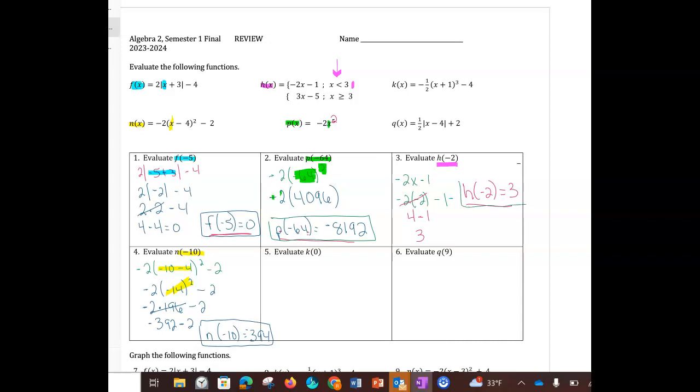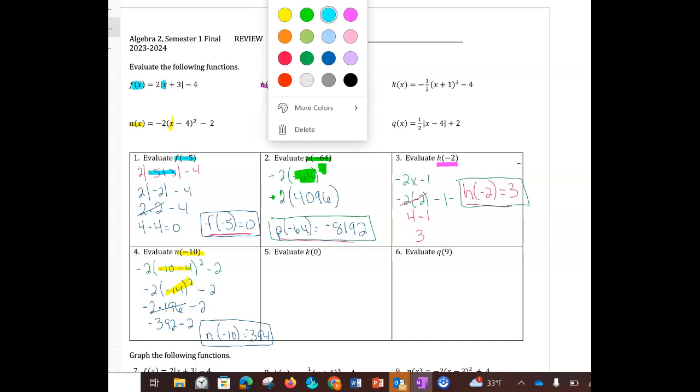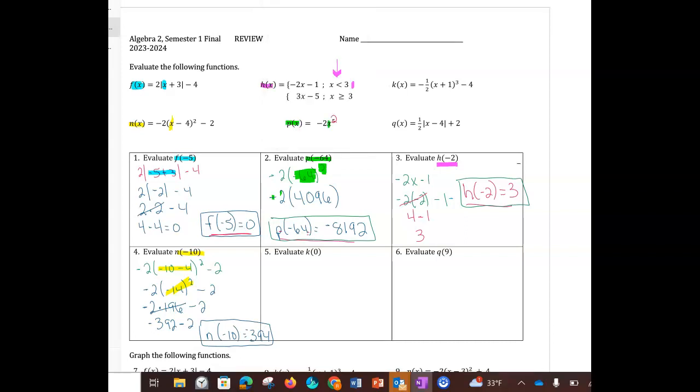All right, let's go to 5. So 5 is using k's function. K is the top right one. So that x right there is going to become a 0. And again, order of operations, I'm going to do my parentheses first. So 0 plus 1 is 1.